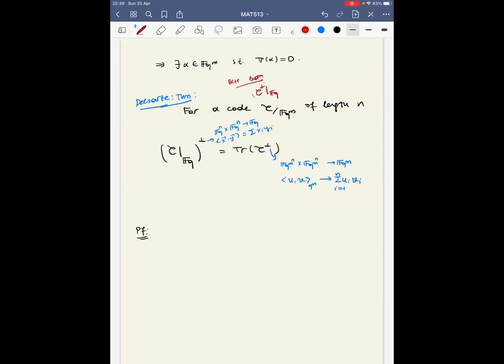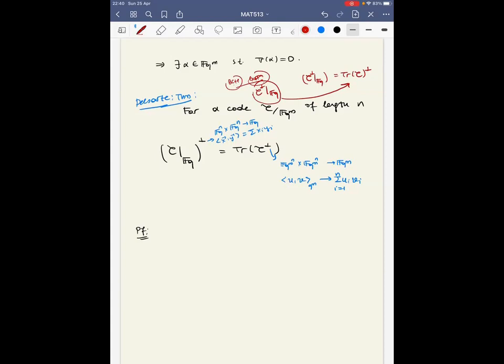So in this equality, if we replace C by C dual, and if we take the dual of both hand sides, indeed we can write BCH and Goppa, or in general such structures, in terms of the trace code. So this theorem will be useful in our setting for this purpose.